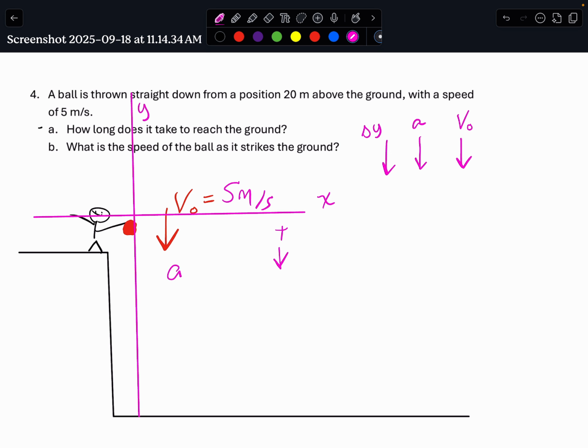I also know that once the ball leaves my hand, it's accelerating downward at about 10 meters per second squared. I also know the displacement of that ball, which I'm calling delta y. Since that displacement is downward, it's going to be positive 20 meters.